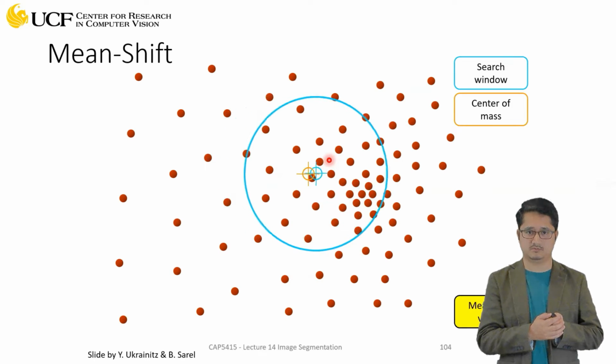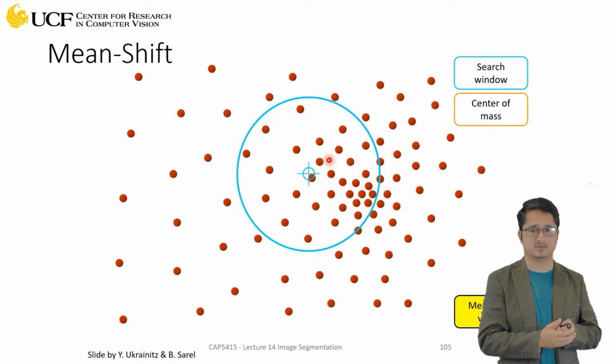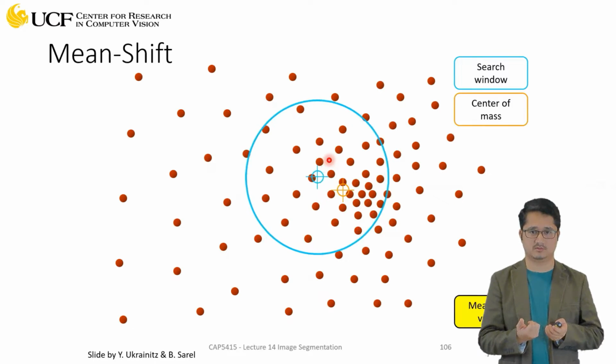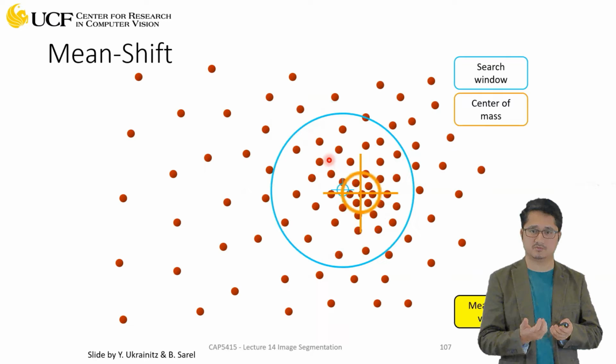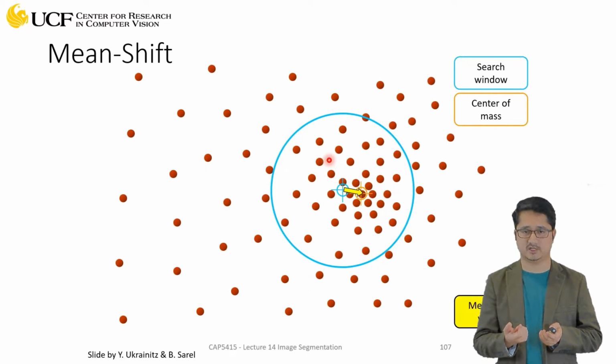So we go there and then repeat the process again. You can easily visualize what's happening here: we are just trying to move towards the denser region in your data. And we will stop when the mean shift vector is not changing at all.